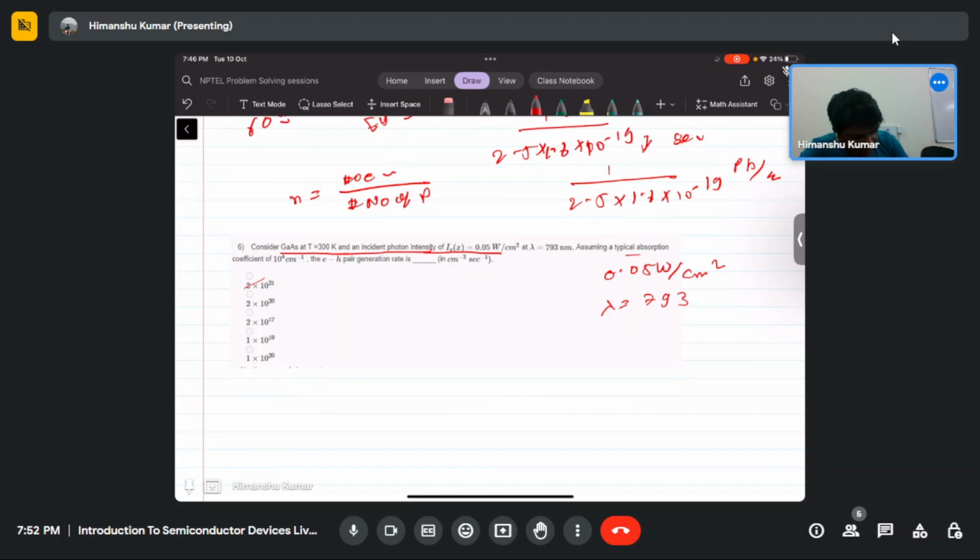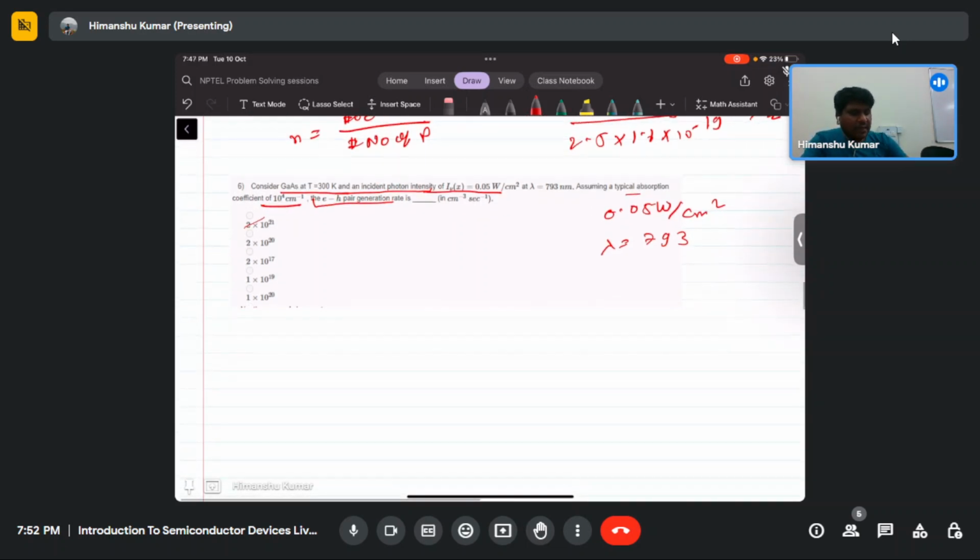Assuming a typical absorption coefficient of 10 power 4, the electron hole pair generation rate is so, yeah, so now if we take this much intensity, 0.05 watt per centimeter square incident here, within one time constant.